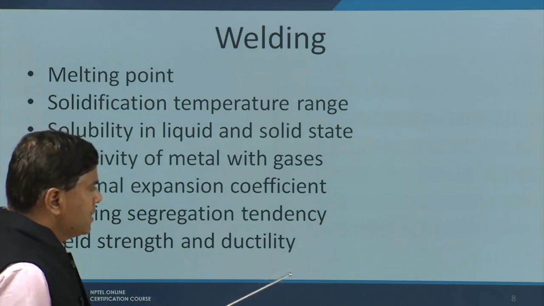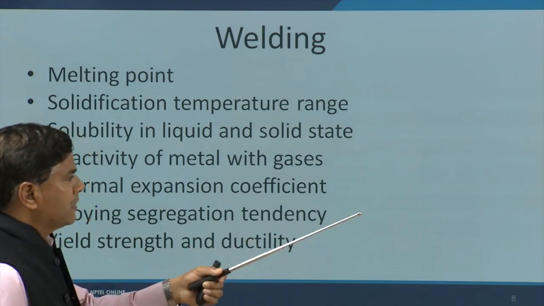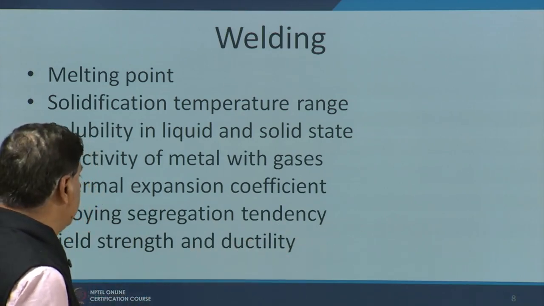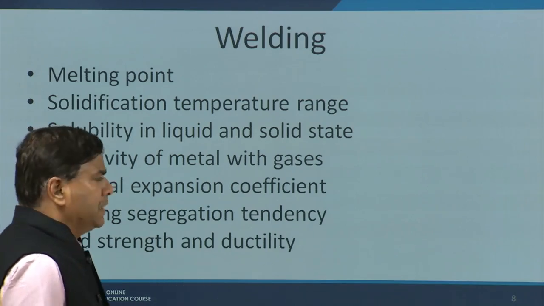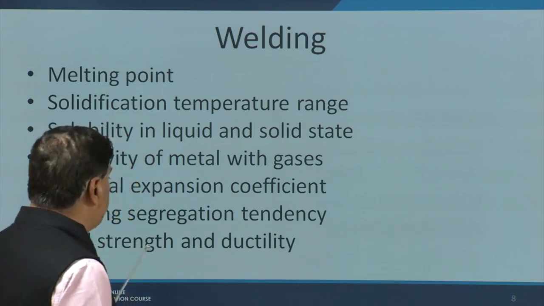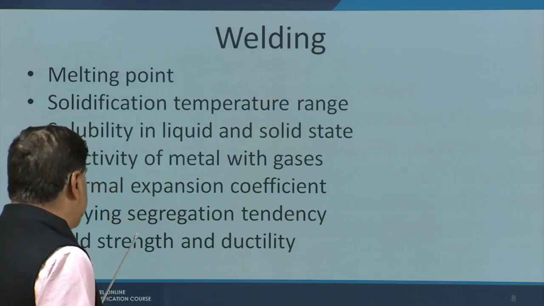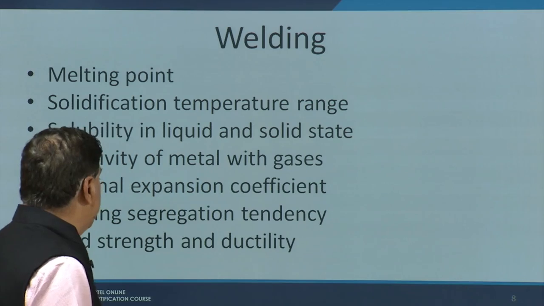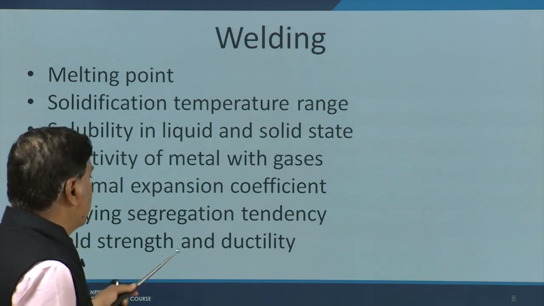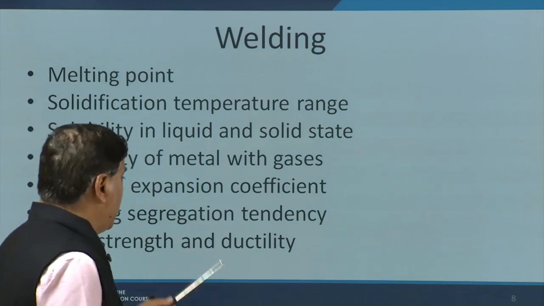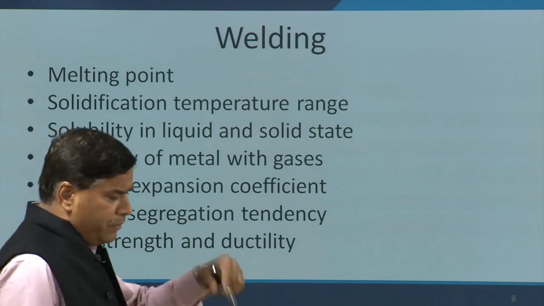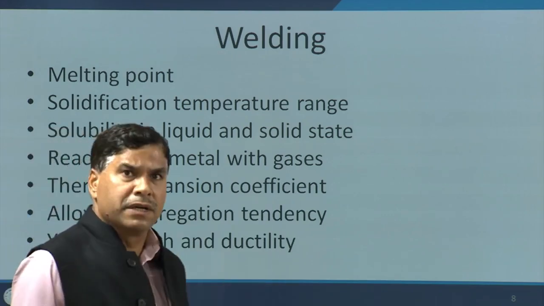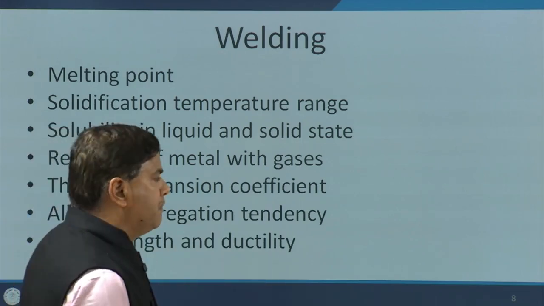Alloy segregation tendency is more related with liquefaction cracking and solidification cracking tendency. Strength and ductility are important for solid state joining, but can also be important for fusion welding processes, because higher is the yield strength, greater will be the residual stresses, and higher is the ductility, there will be reduced cracking tendency of the base metal.